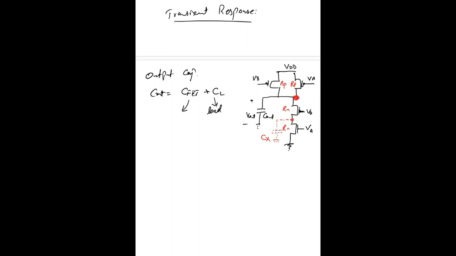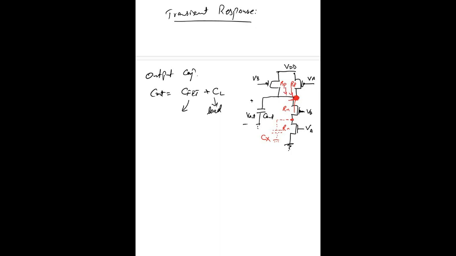So we can say that at this node we have three different gates connected. Like we have two NMOS, sorry, no, we don't have two NMOS, we have only one NMOS that is connected to this node. We have two PMOSs which are connected to this node.